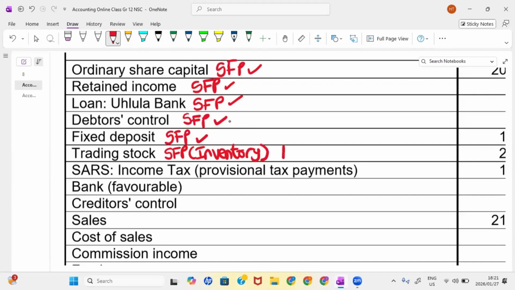However, we can also have trading stock surplus or trading stock deficit, and that would go to the statement of comprehensive income, which is your income statement. Are we all on the same page so far?